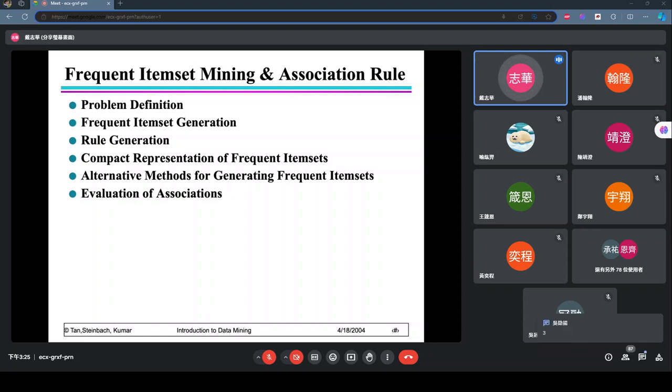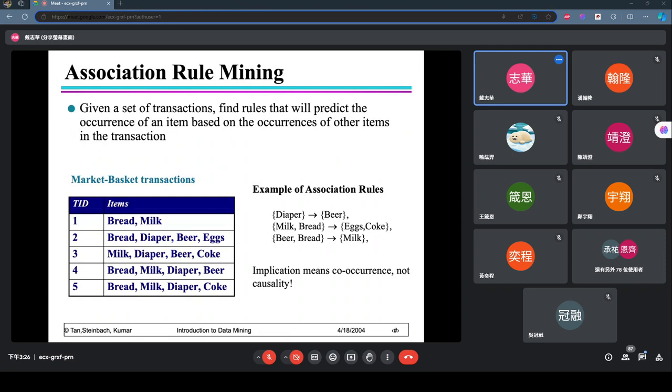Here I would introduce the basic problem definition about item set mining and what is a frequent item set. So when we deal with this problem, what challenges we may suffer.